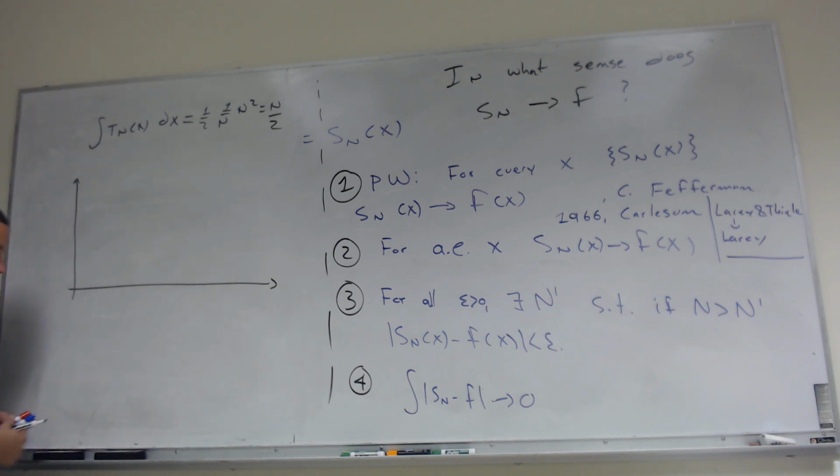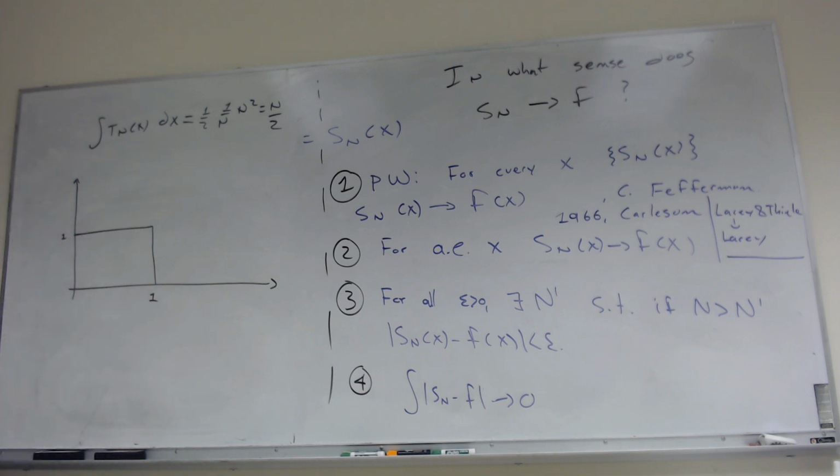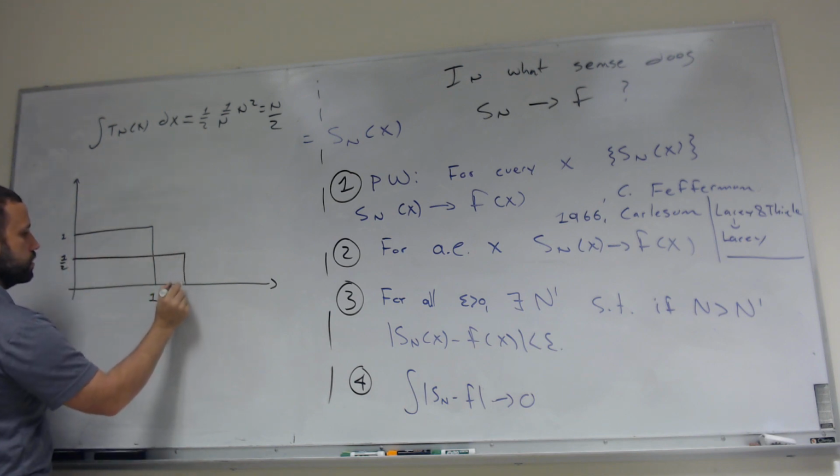An example of a sequence of functions that converges uniformly, but the integrals don't converge, is maybe the opposite of the things that we've seen so far. Let's say the graph of the first function is 1 here, and it goes out to 1 here. The next function is going to be 1/2, and it's going to go out to 2 here.